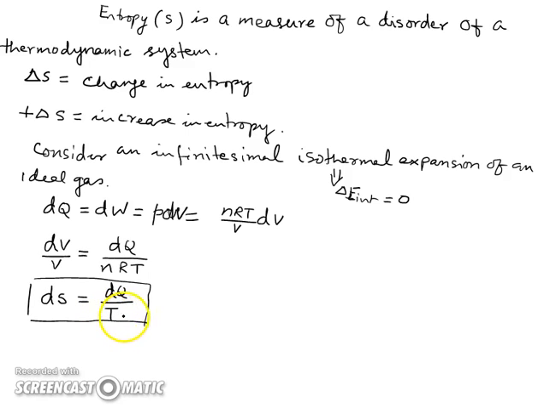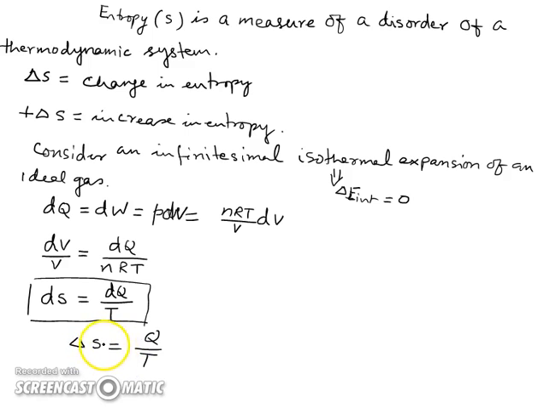So this is for an infinitesimal entropy change dS during an infinitesimal reversible process at T. If the total amount of heat Q is added during a reversible isothermal process at absolute temperature T, then we can say that delta S is equal to Q over T, right?